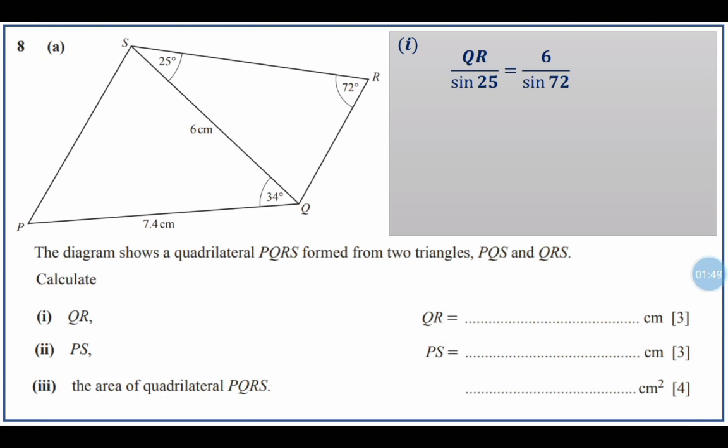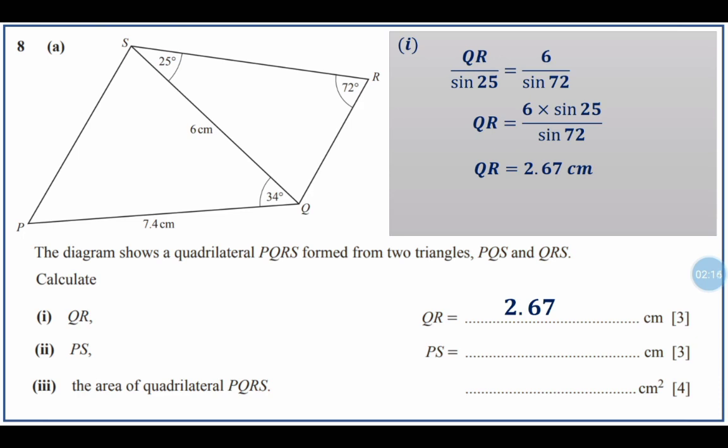So basically you will use this one to find out QR. So QR now is equal to 6 sine 25 divided by sine 72. So QR is equal to 2.67 centimeter. As easy as that, you will get 3 marks, which is 2.67 centimeter.